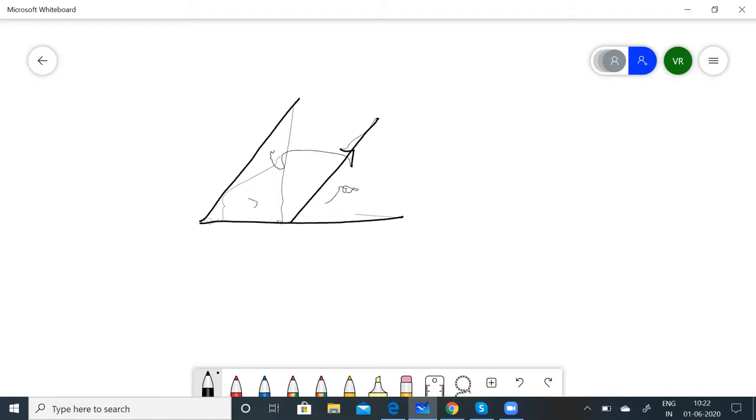Let us take this angle to be theta. Obviously, this will also be theta because they are parallel. So light is coming in this direction, gets reflected here and then goes in this direction. Now let us take this as mirror 1 and this as mirror 2.